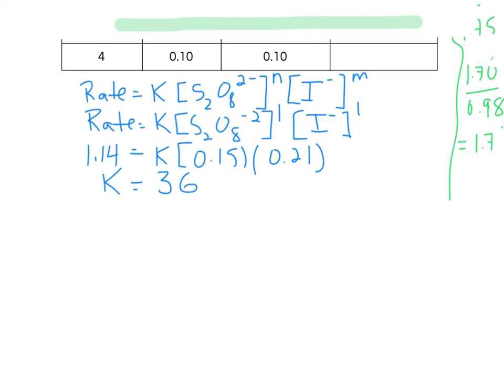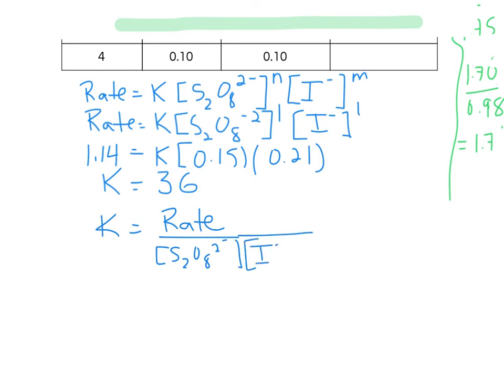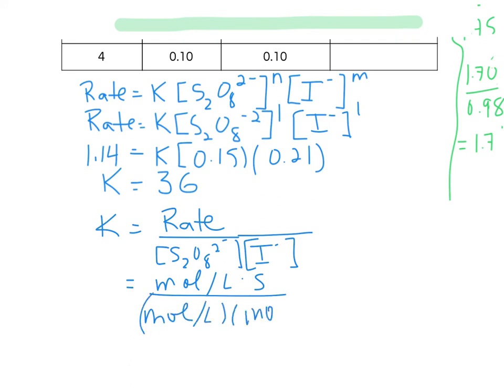So now I'm going to also determine my units for this. My K value is equal to my rate divided by the concentration of S2O8 2- to the power of 1 times the concentration of I- to the power of 1. So that's going to give me moles per liter per second divided by moles per liter times moles per liter.